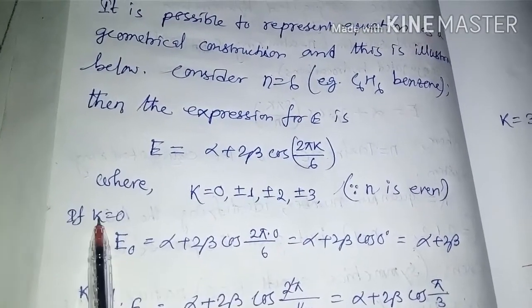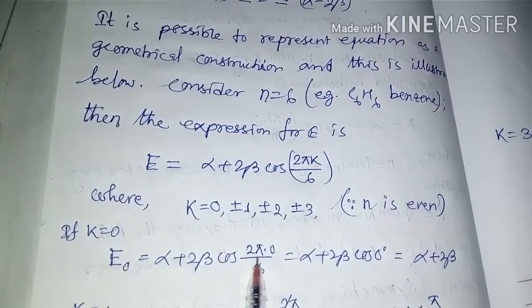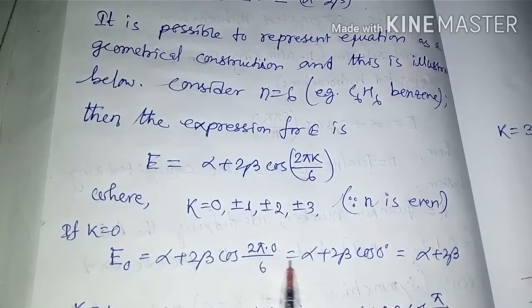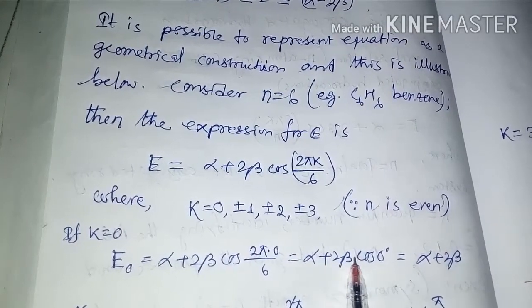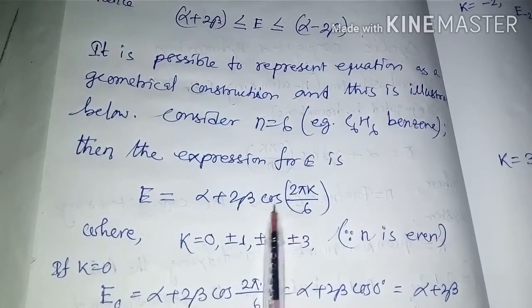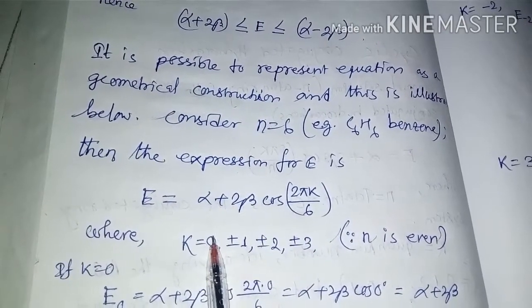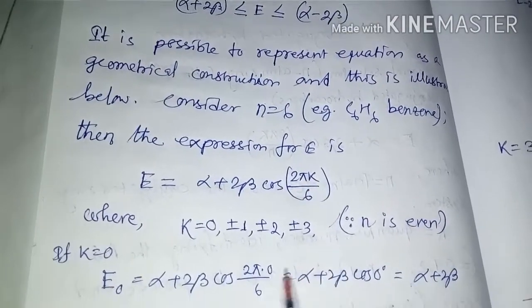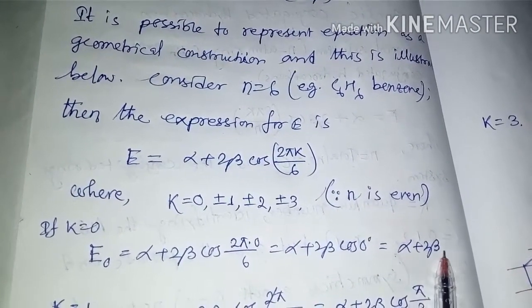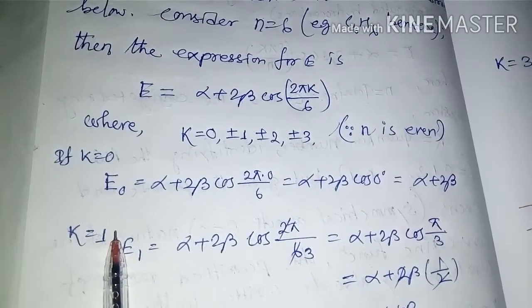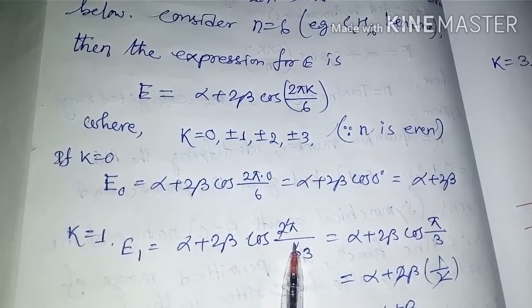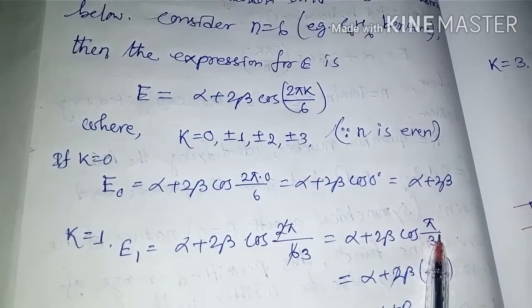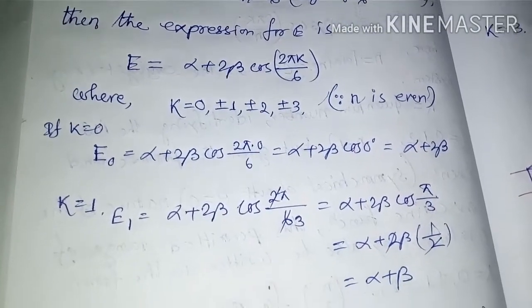Suppose k value is 0, put the value 0 in this formula, then you will get alpha plus 2 beta, this formula you have to learn by heart. Here cos 0 term, the whole term is 0, so alpha plus 2 beta. K equal to 1 same, you will get alpha plus beta.